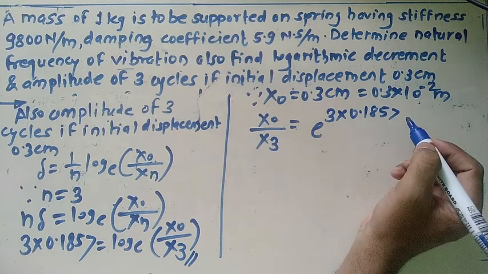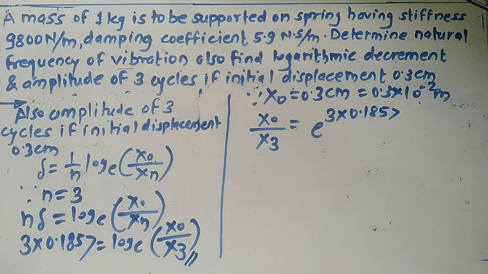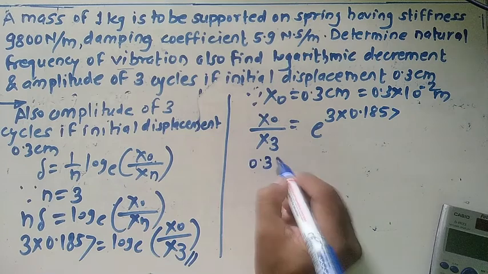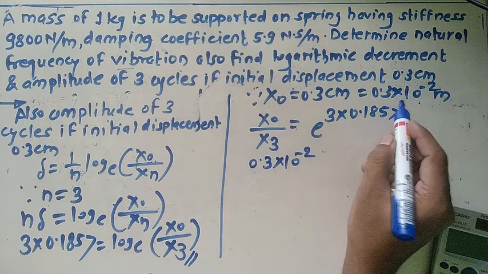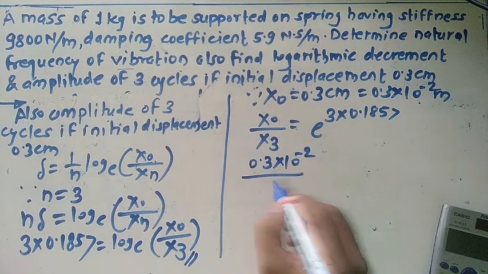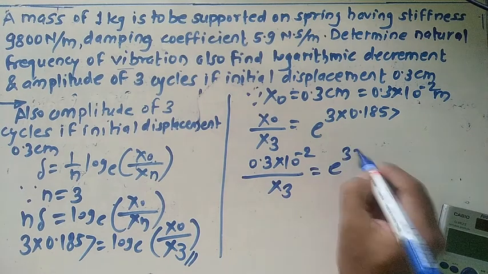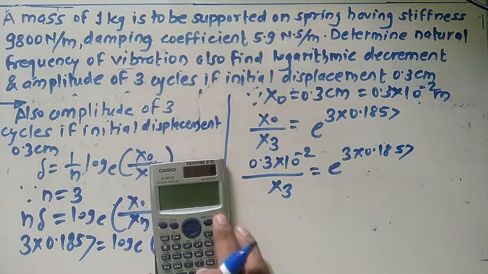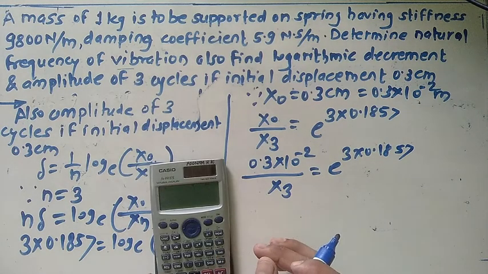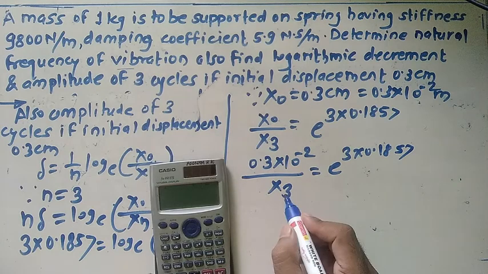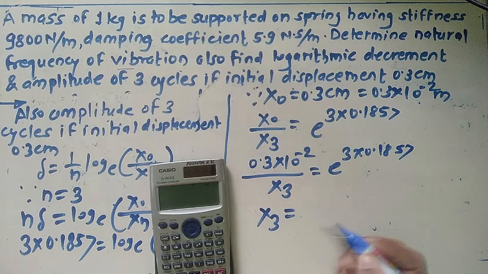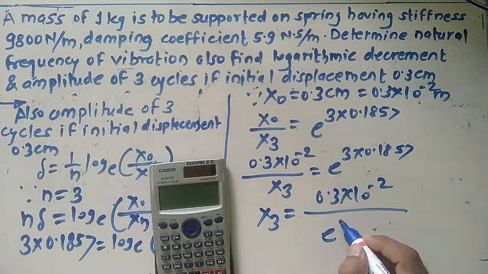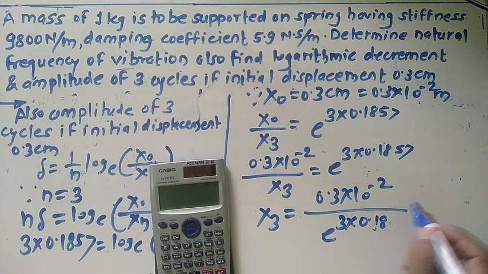What is the value for x naught? Given 0.3 centimeter, already converted into meter. X3 equals x naught divided by e raised to 3 multiplied by 0.1857. So x3 equals 0.3 into 10 raised to minus 2 divided by e raised to 3 multiplied by 0.1857.